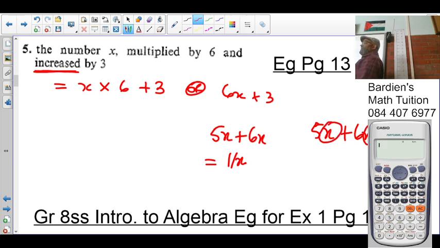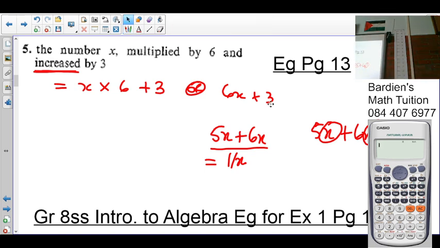No. So they are unlike terms. Whereas 5x and 6x are like terms, 5x and 6x squared are unlike terms. So when we say they are unlike terms, we mean the variables must be exactly the same. You understand?